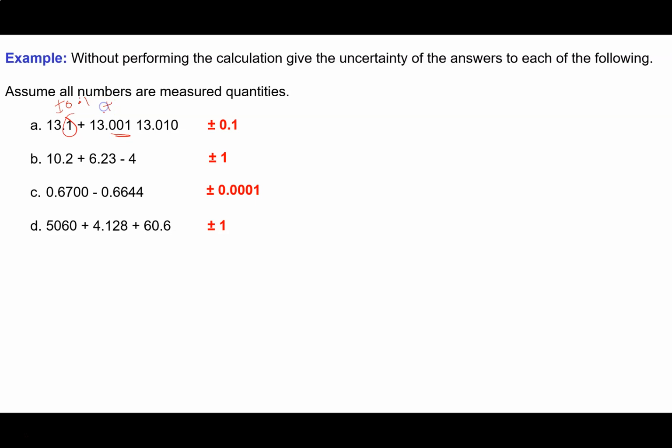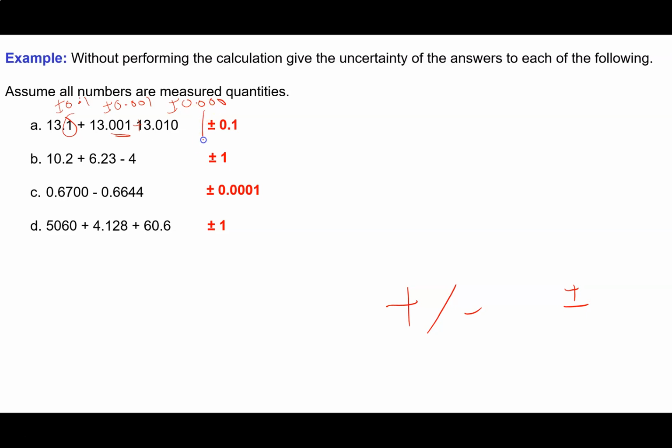This one here is known to plus or minus 0.001. And then I guess there should be a plus in there. This number here is known also to plus or minus 0.001.